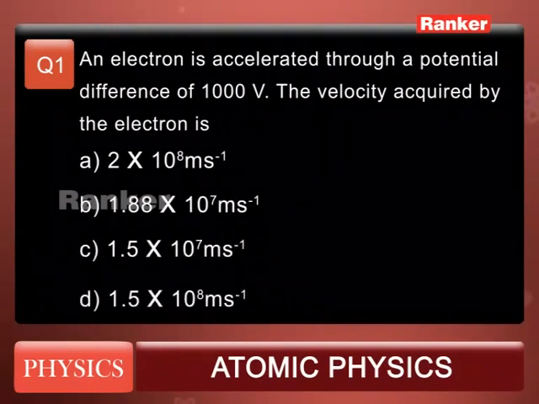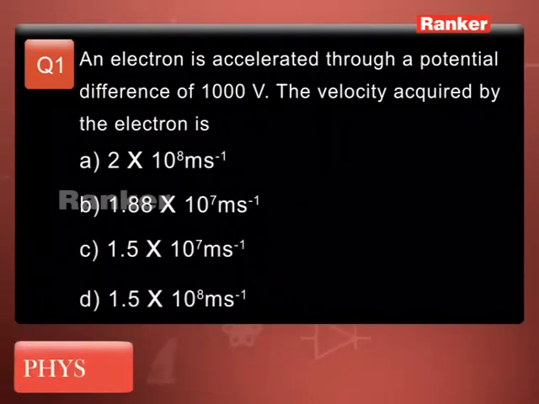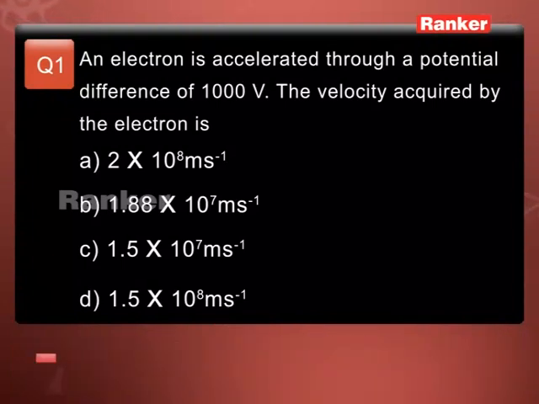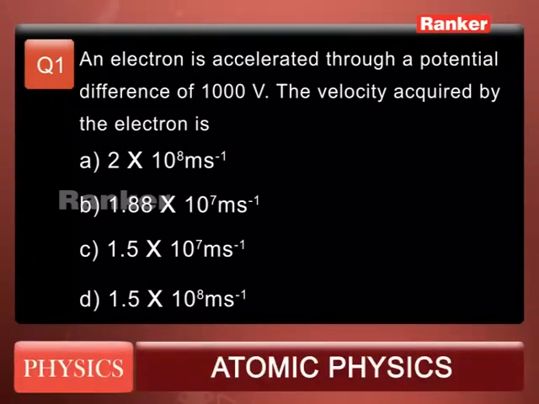Let me read the very first problem. An electron is accelerated through a potential difference of 1000 volt. The velocity acquired by the electron is how much? Such model questions we have even discussed way back in the chapter on electrostatics. Now once again we have a similar model here.